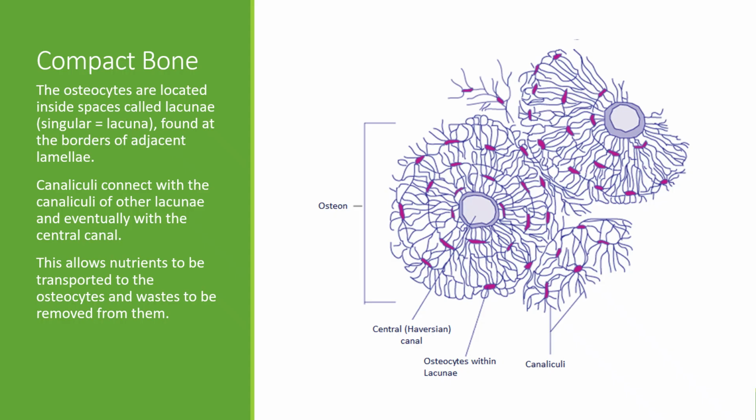And you see what look like spider legs going everywhere. Those are the canaliculi, the little communication tunnels. They're hair thin, really, really thin. That's how nutrients are transported, and it also allows the cell to communicate with other cells, because cells like to talk to each other. Any waste that the cell makes, because all cells make waste, is removed that way as well.